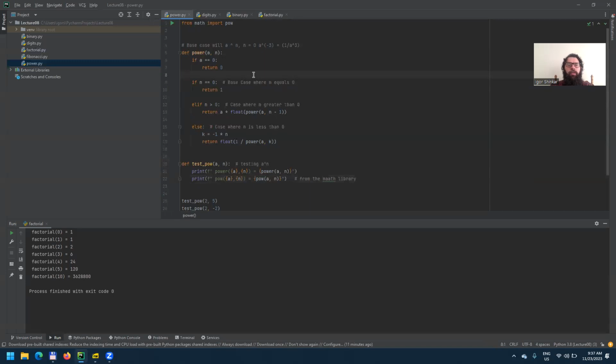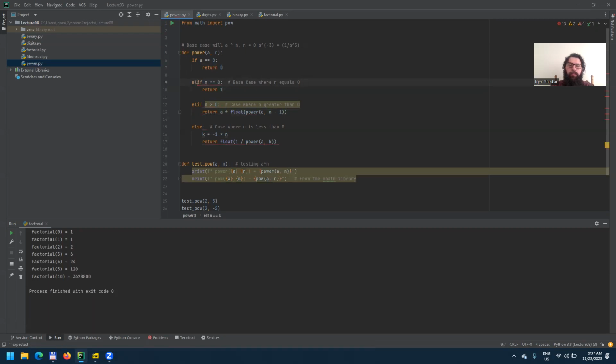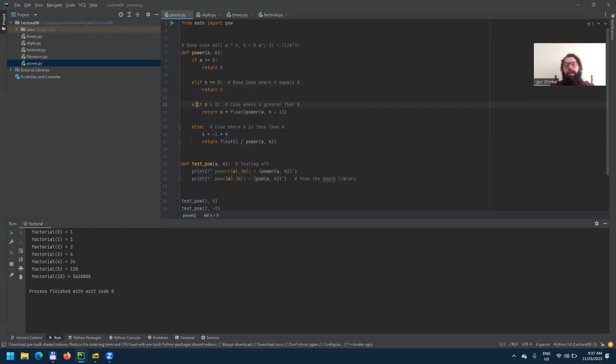Okay, so here is the recursive definition of power. If a is 0, just return 0. Otherwise, if n is 0, return 1. If n is greater than 0, what do we need to do? We compute a to the power n minus 1, and we need to cast it into float, and then we multiply by a.